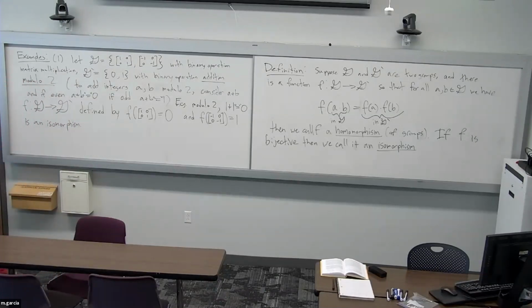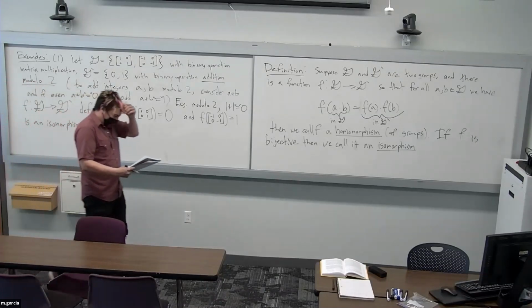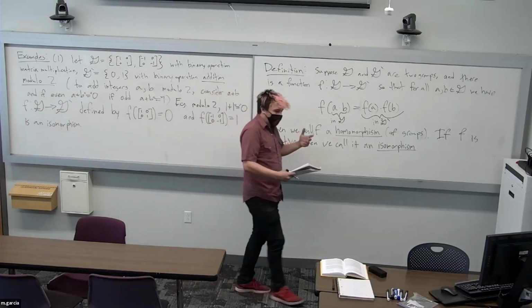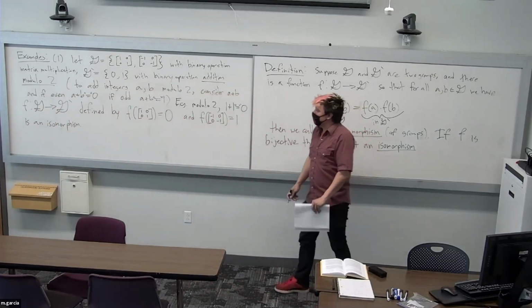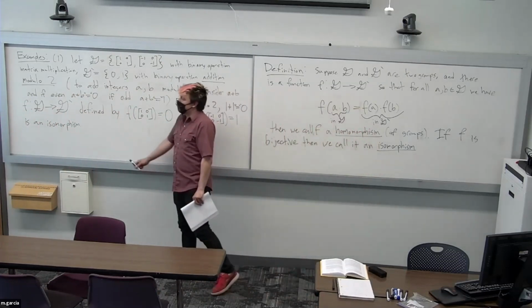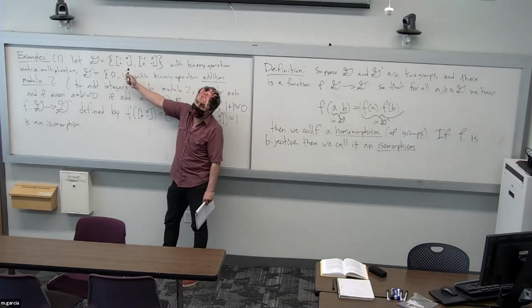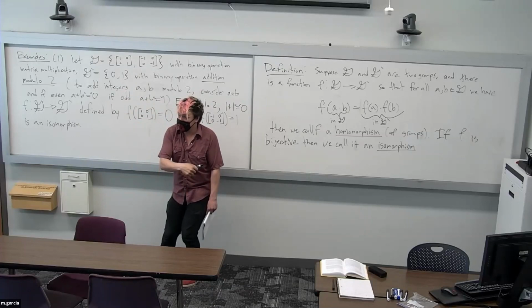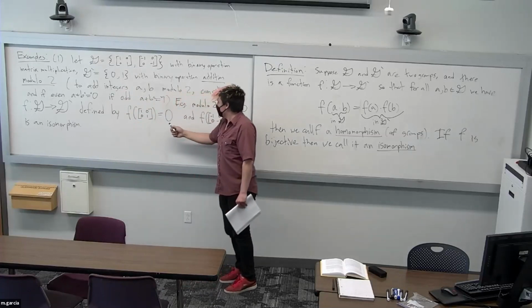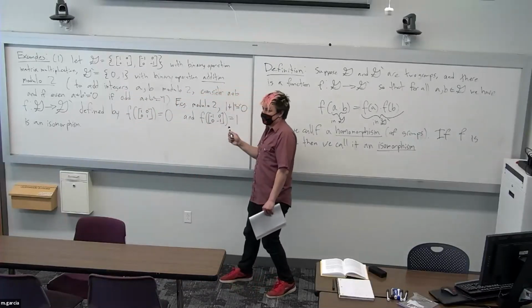Okay, so what we have to check here is that every pair of things that we can multiply together in G gets mapped to the sum mod 2 of what we say they are in F.